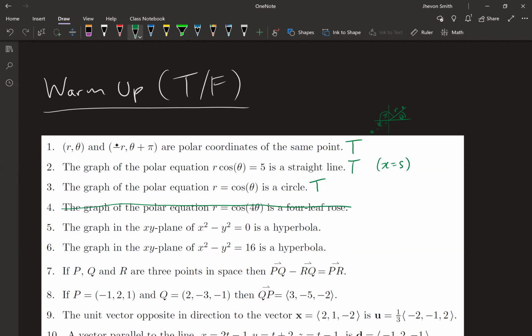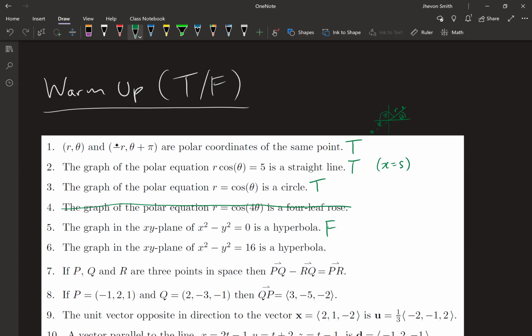The graph in the xy plane, x squared minus y squared equals 0. Is that a hyperbola? True or false? Right, guys, taking so long. This is just the warm-up. It's false. X squared minus y squared equals 16.